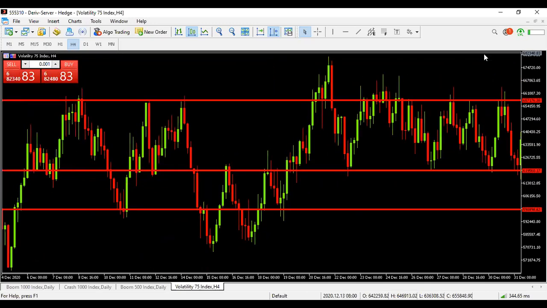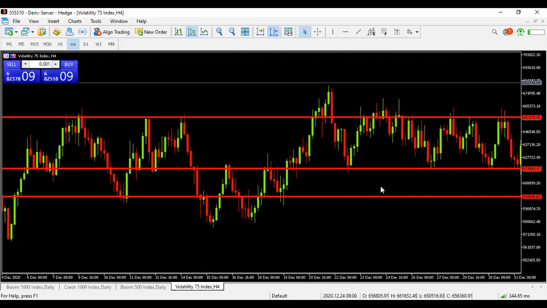Okay, let's see how we can draw a trend line. Remember I told you that a trend is when price makes a series of higher highs and higher lows for an uptrend.